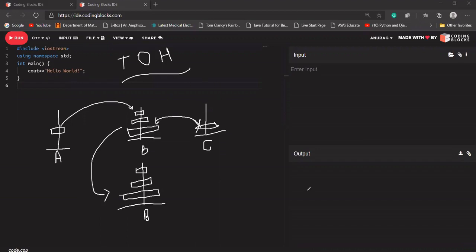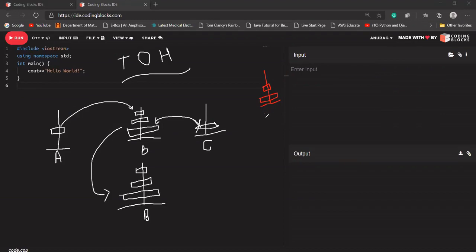Okay, let's do it for 2 disks first, then we'll check how we did this. Let's say there are 2 disks only, disk 1 and disk 2.